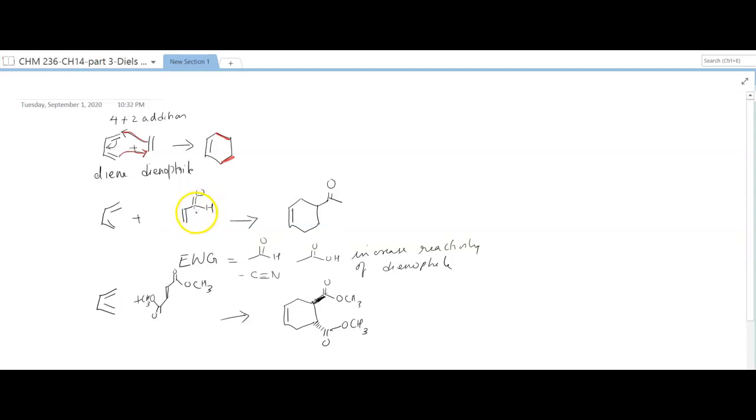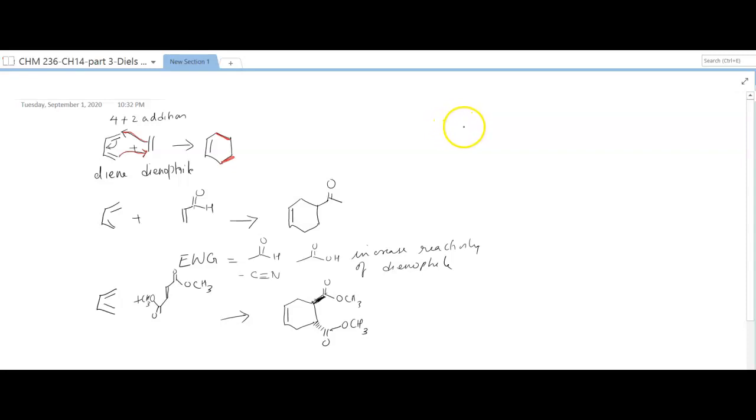Now regarding the diene, it's important that it should have the correct geometry in order to react with the dienophile. So let's discuss the geometry of the diene. For a Diels-Alder reaction, the diene should have an s-cis type of conformation.